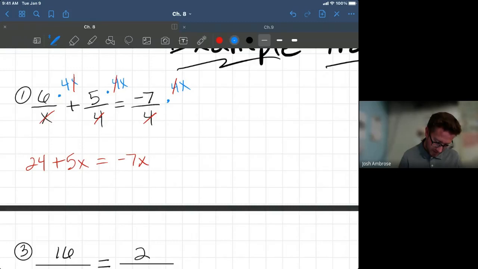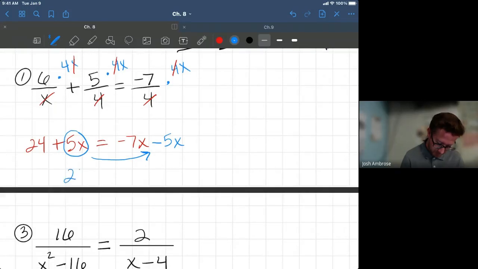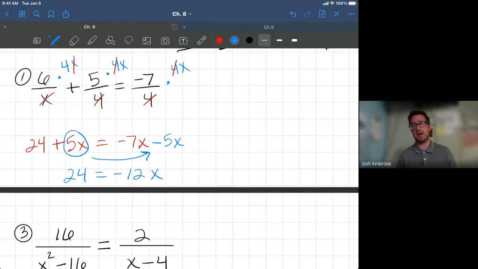All right, take the 5x, bring it over to this side, giving you -5x. So now you have 24 equals -12x. Okay, simply solve for x, basic algebra. X equals -2.